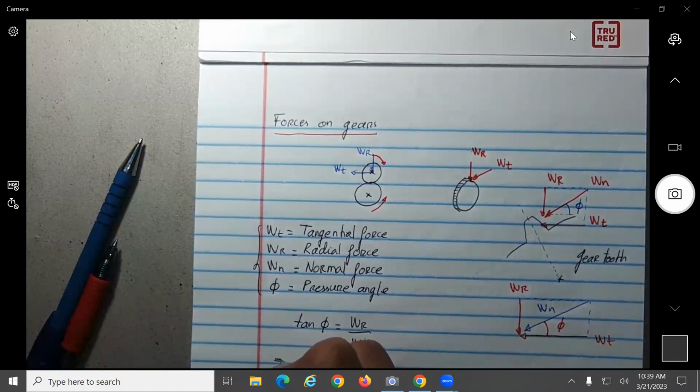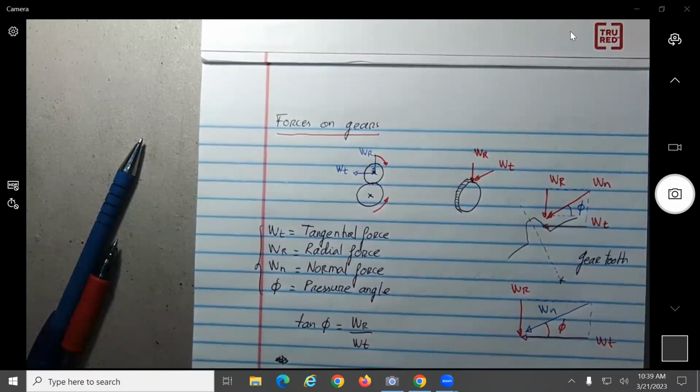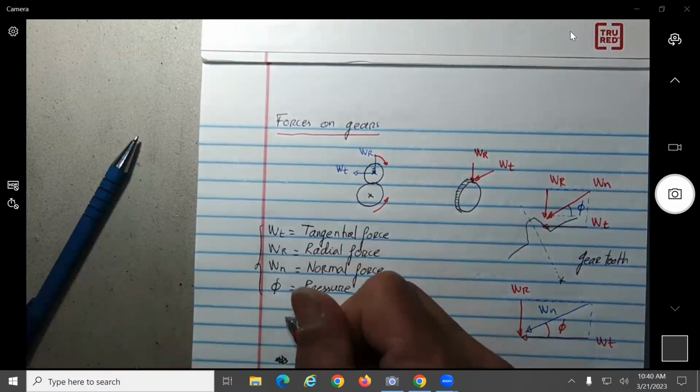You can also find other relations. For example, cosine phi will be equal to omega t divided by omega n. You can find different relations, but let's say you have these two.